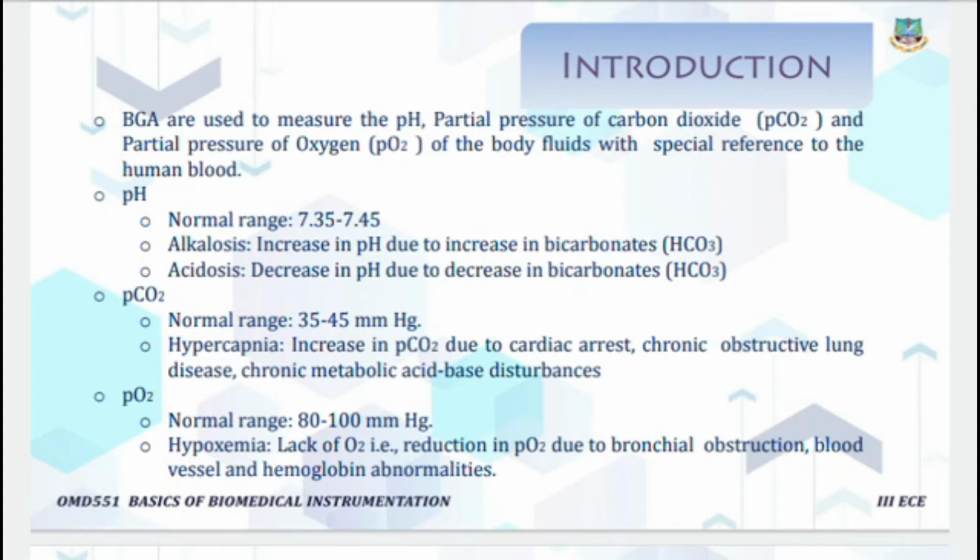Then acidosis: if there is a decrease in bicarbonates, which shows a decrease in pH value, that condition is called acidosis. An increase in pH is alkalosis, and a decrease in pH is acidosis.